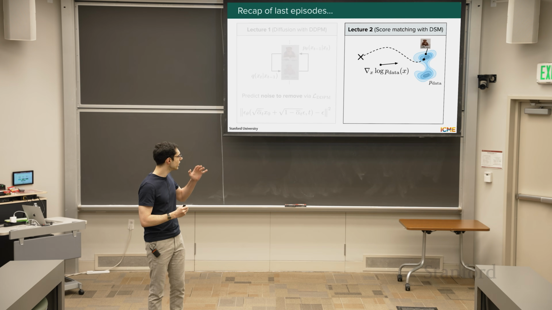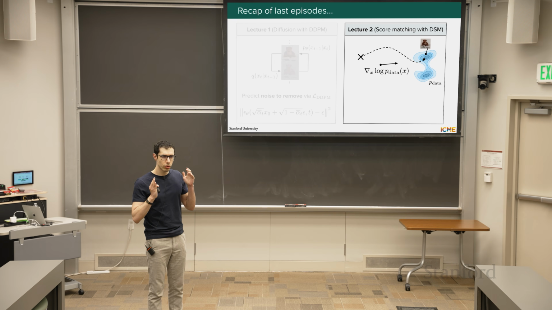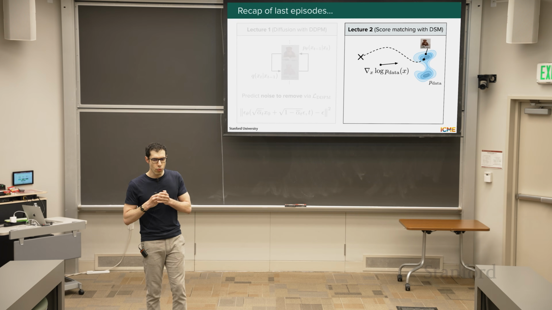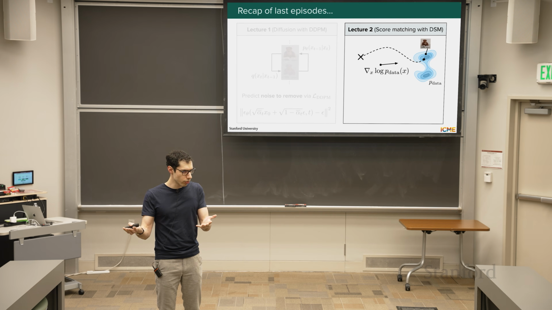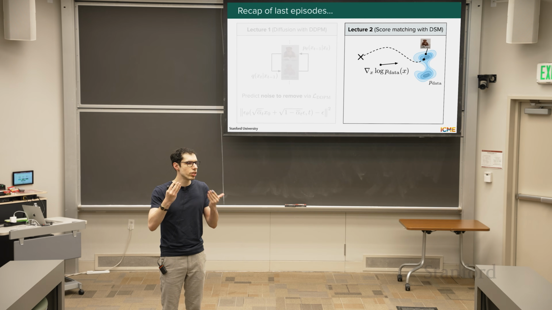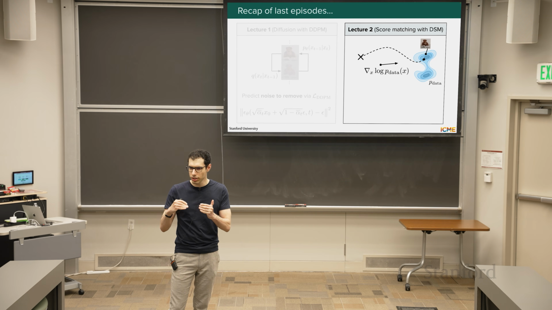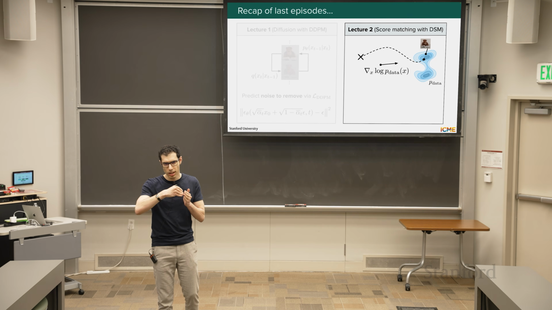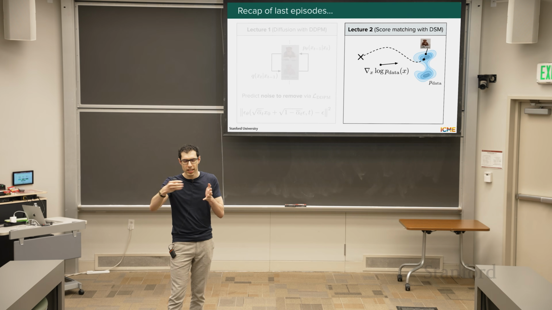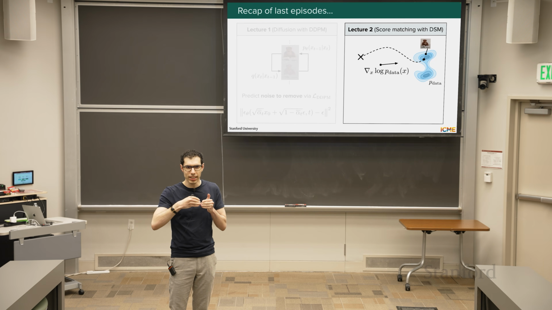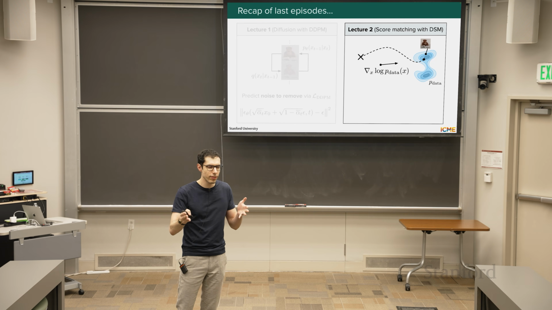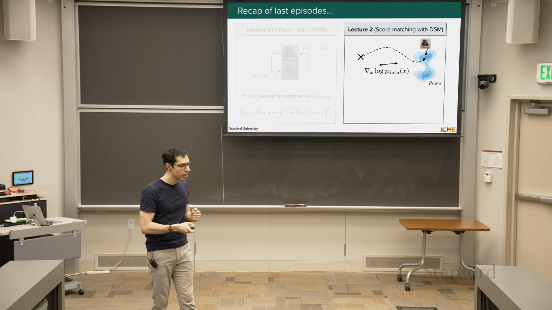If we learned such a score, we could use sampling techniques such as Langevin sampling, which allowed us to move towards high density regions, but also allowed for diversity with some noise term. And we saw that in order to estimate that score, we cleverly noised the initial data distribution in order to learn the score of the noised distribution. Then we had a progressive noise schedule that allowed us to progressively walk our way up until the data distribution.